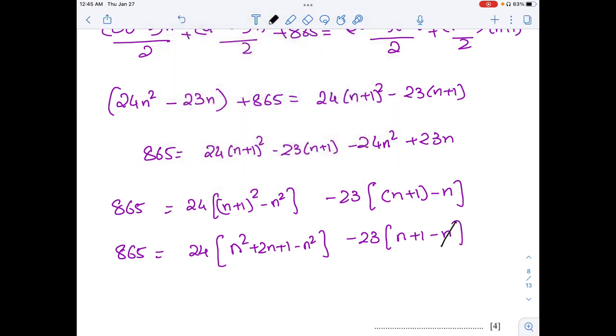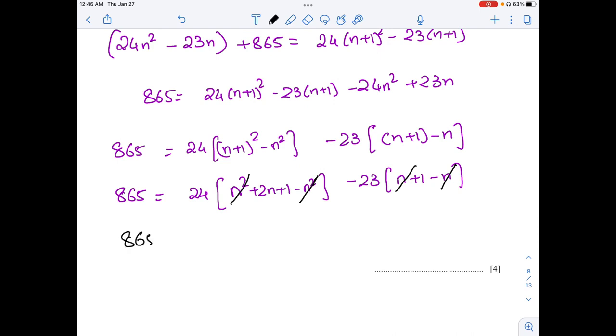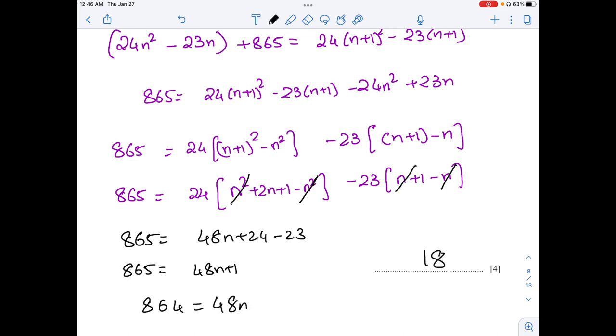We can see that n square cancels. 865 is equal to 48n plus 24 minus 23. So 865 is equal to 48n plus 1. So 864 is equal to 48n. So n is equal to 18. So what is the value of n? n is 18.